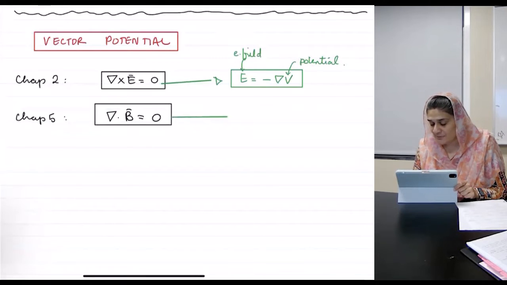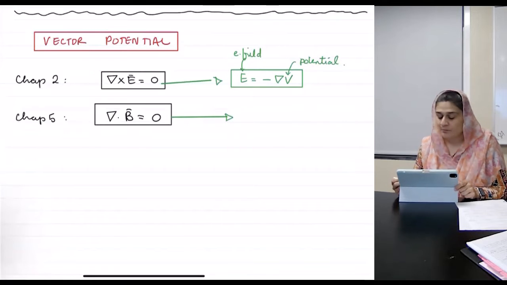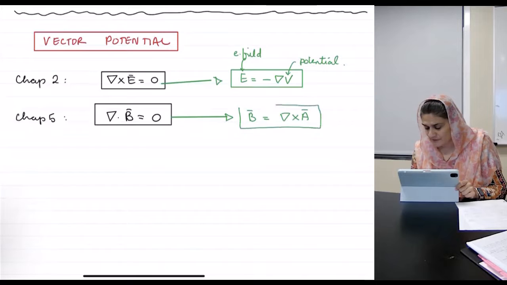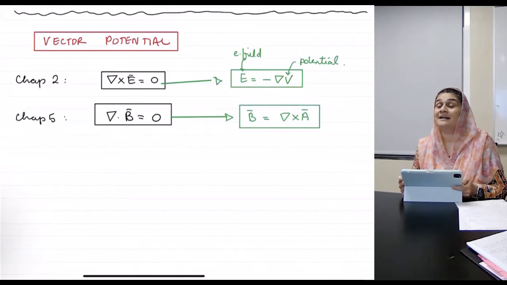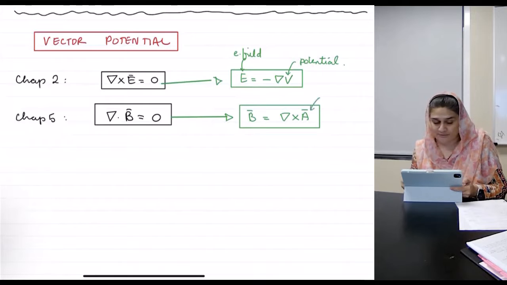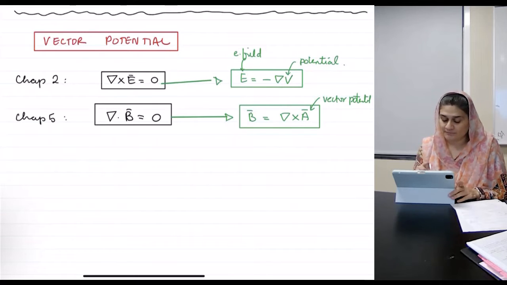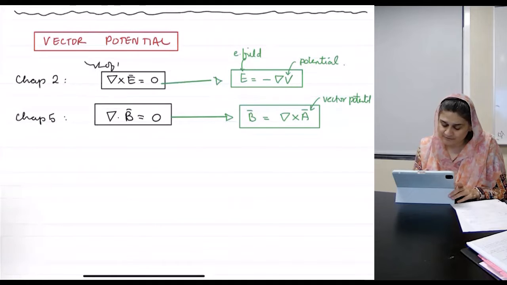Now, in this case, we are allowed to do something similar. We are going to introduce another term called A, which we are going to call vector potential. Note, in one case, the curl of E was 0.